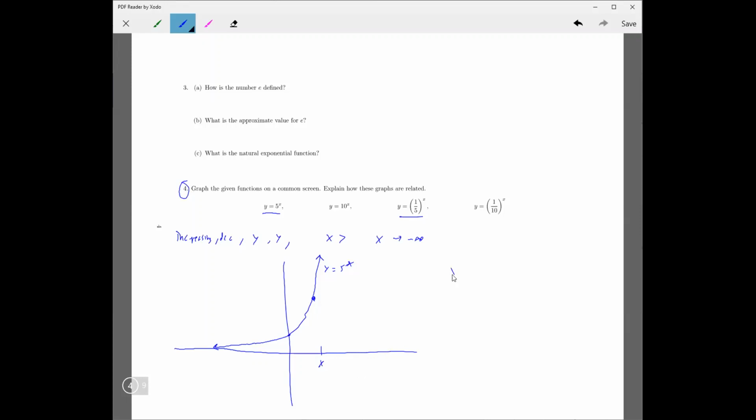Now y equals 5 to the negative x is the same as 1/5 to the positive value of x. So the negative in the exponent, you can get rid of that negative by changing this to 1 over whatever it is. So instead of a 5, it's 1/5, and that gets rid of the negative. Okay, so that's kind of how negatives work.